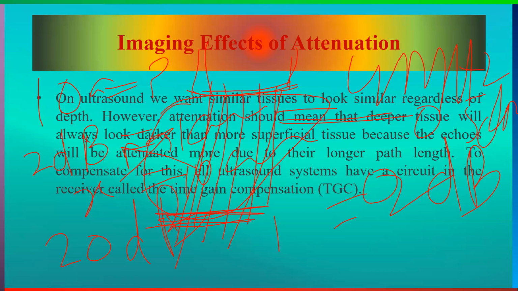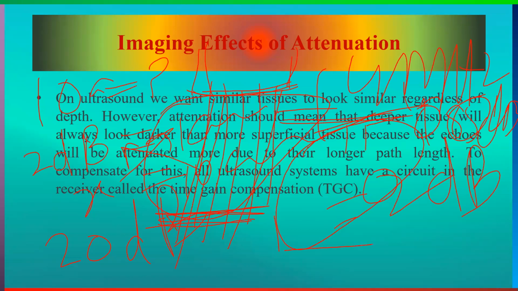For example, if the sound waves near the transducer at the proximal portion of the liver were as strong as 100 times, either you are talking about the intensity or the power, then at a distance of 10 centimeters, the sound waves will be 100 times weaker.